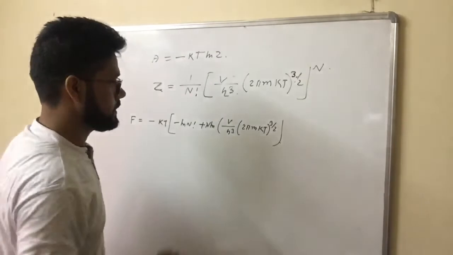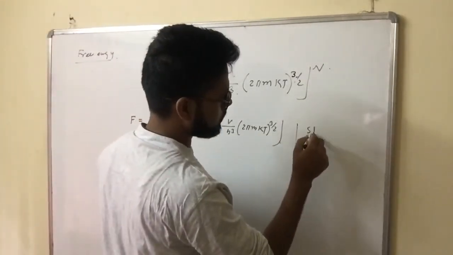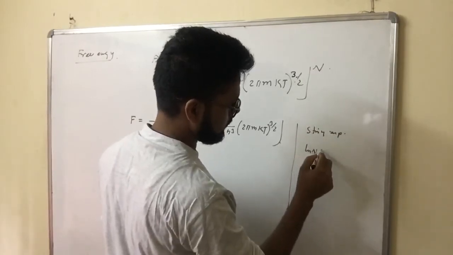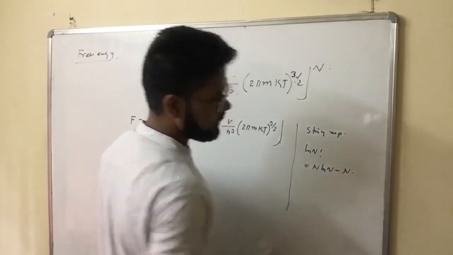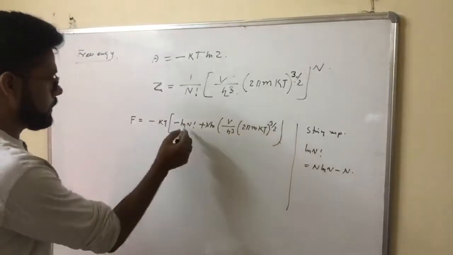Is it okay? Then Stirling's approximation, you know Stirling's approximation: ln n! equals n ln n minus n. This is Stirling's approximation in statistical physics. So you replace that part.